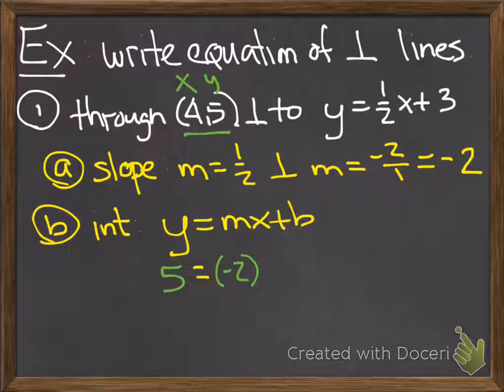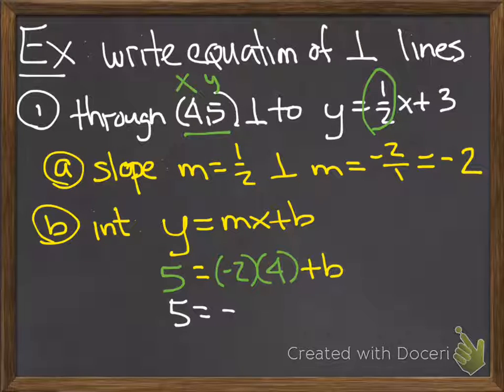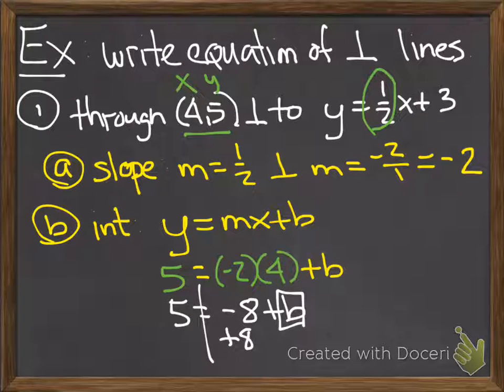We found that because it's the opposite reciprocal of that. Our x comes from the point, it's 4. And b is what we're looking for. So you would multiply the negative 2 and the 4. Our b is sitting on the right side of the equation, so we have to add the 8. Correct.